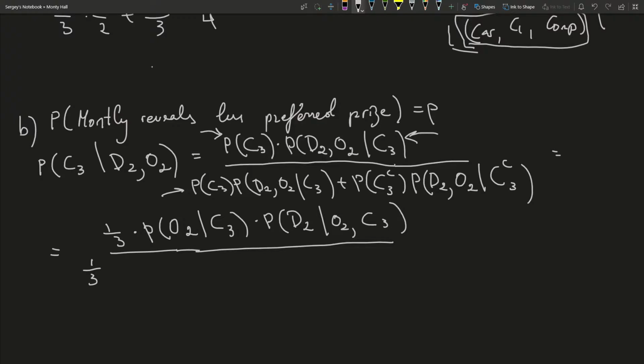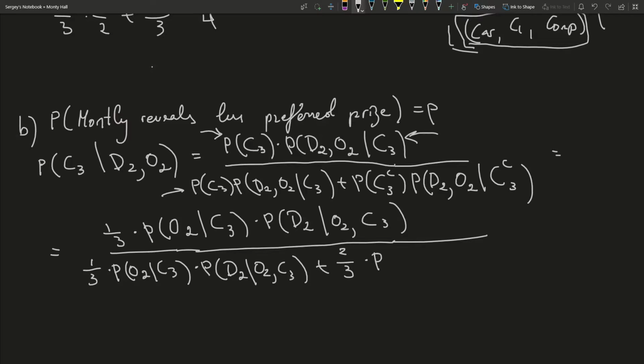And again, we rewrite the first term in the denominator the same way we did in the numerator. So that's the probability of O2 given C3 times the probability of D2 given O2 and C3, plus, now the probability that the car isn't behind door 3, the prior probability, is 2/3. And now we're going to rewrite this expression: the probability that Monty opens door 2, revealing a computer behind it, given that the car isn't behind door 3.